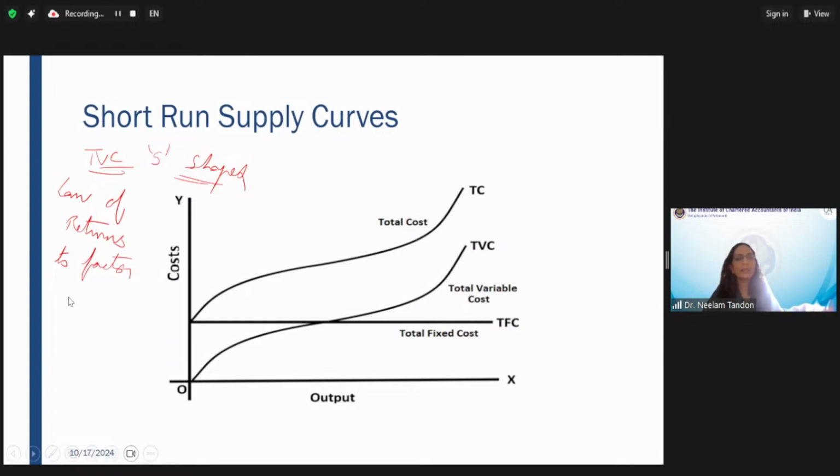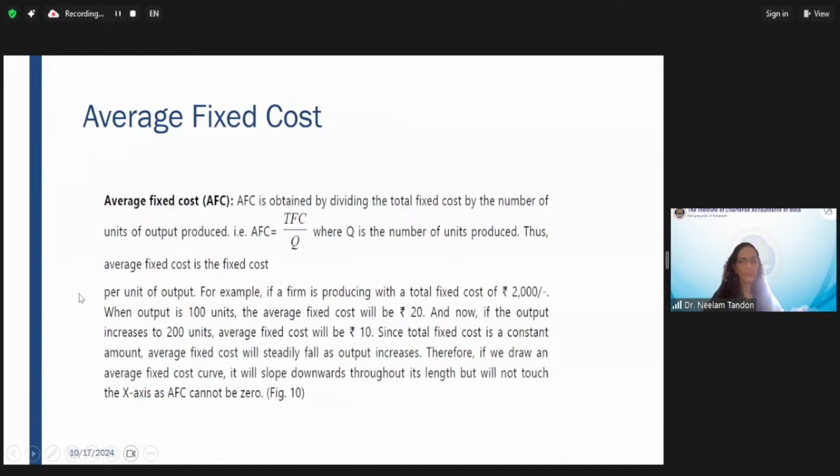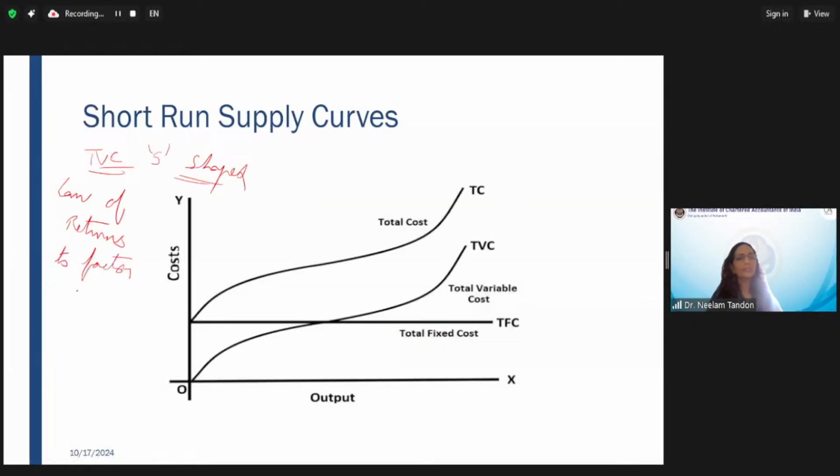Returns to factor is that capital remains fixed and labor increases. And as the proportion between the two changes, the marginal product of labor will start decreasing. So here it starts decreasing. And this cost increases at an increasing rate. Okay, so that's the shape of the total variable cost.